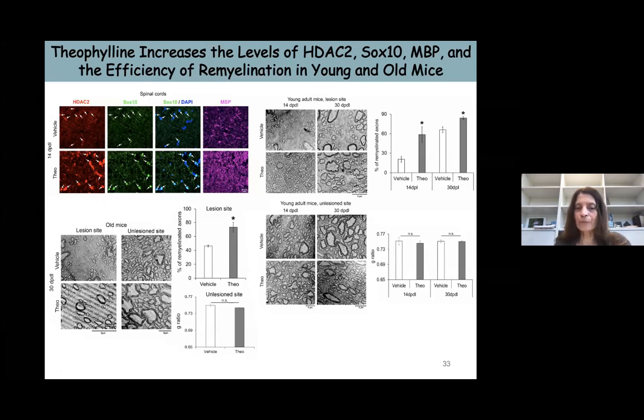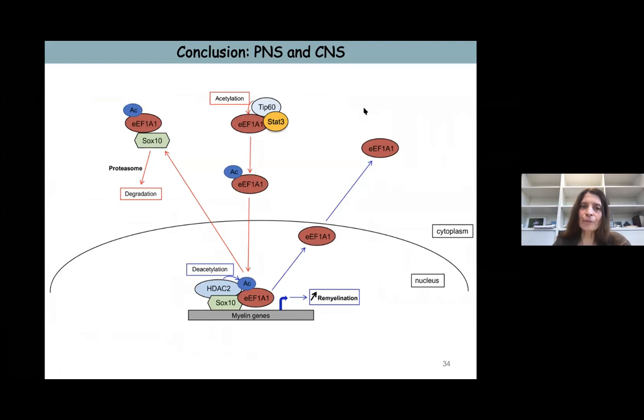So as a conclusion, I didn't show you everything, but we could show that we have a similar mechanism in the PNS and CNS, with the interaction of acetylated EF1A1 with SOX10, and the deacetylation by HDAC2.